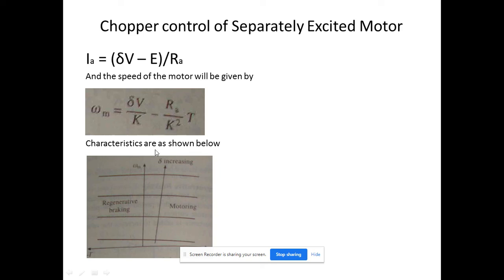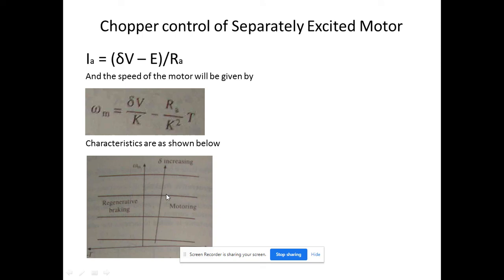So now here you can see the characteristic during motoring mode. This is for motoring mode operation. See, the current is positive, and if we increase the delta, the duty cycle, the characteristic is shifted from this to this and this to this and so on.